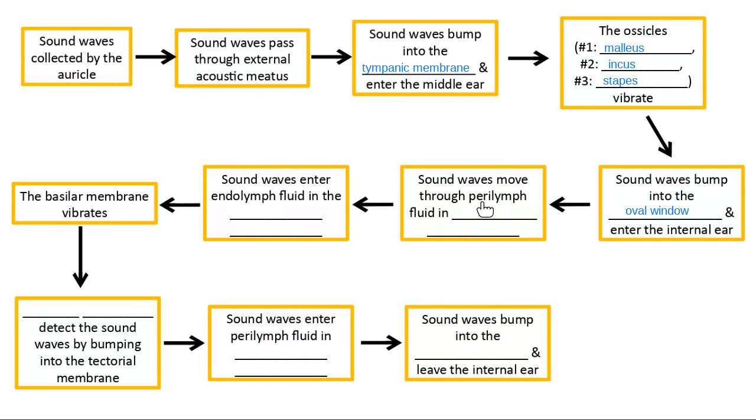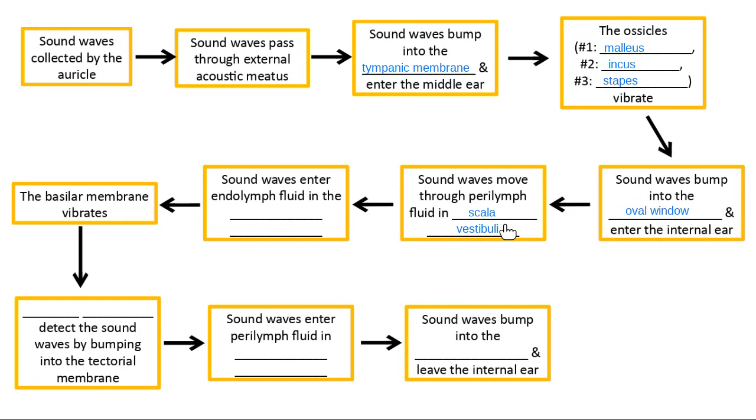But when my sound waves first get into the internal ear, they're going into a place called scala vestibuli. This is the fluid-filled tube. I know I heard at least one of my groups talking about that model we had in lab. This is the top tube, the first place where sound waves go.